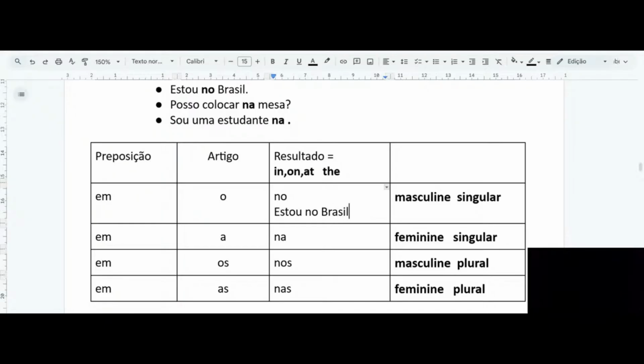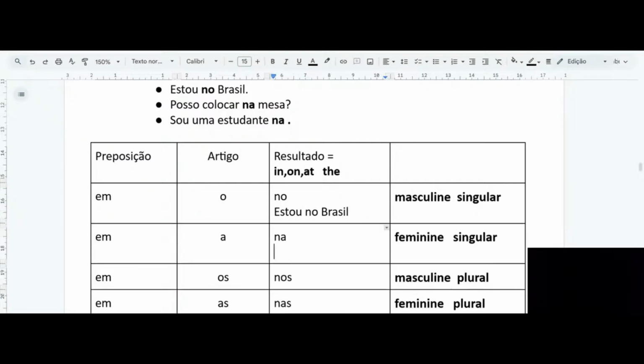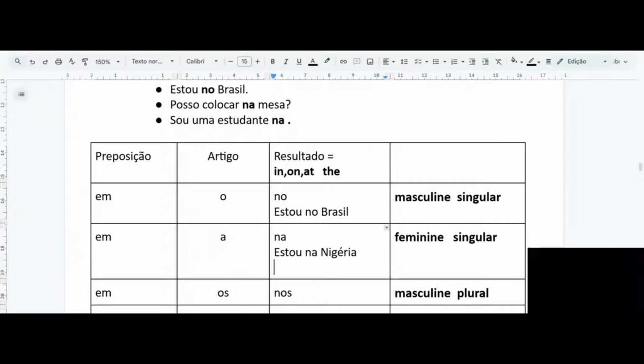Maybe if you're in Nigeria, estou na Nigéria. Okay. Maybe if you're in Jamaica, maybe if you're in the class, estou na aula. A gente tá na aula online.